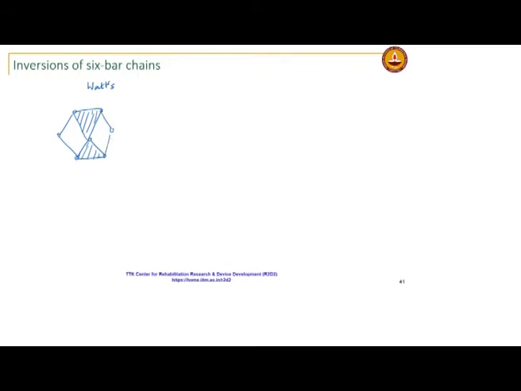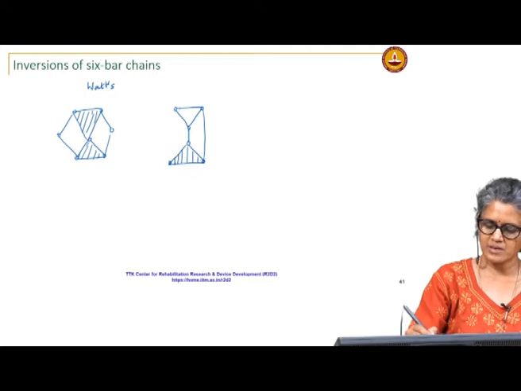That is your Watts chain. Then the Stephenson's chain, you have the 2 ternary links separated by a binary link.